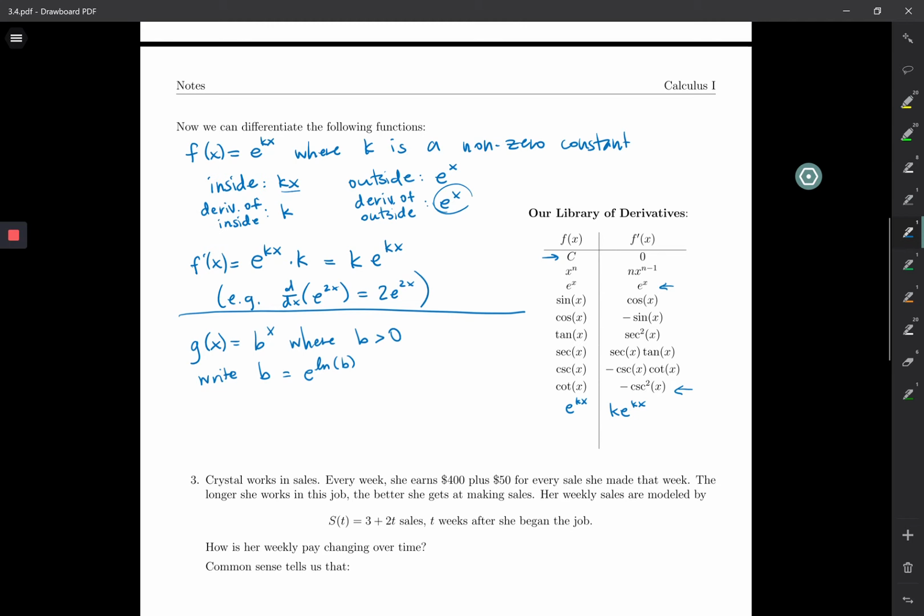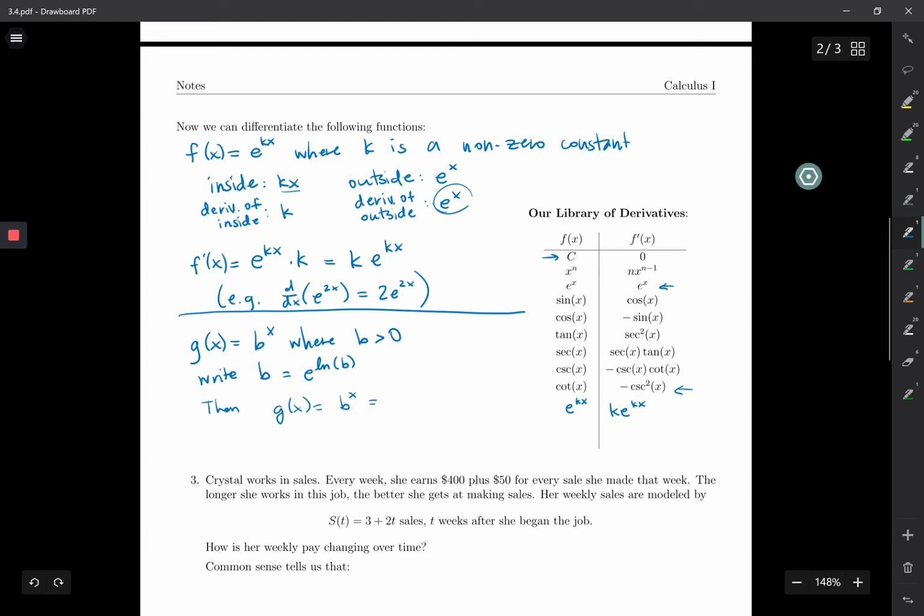So once we do this, let's rewrite this first. So our function is b to the x.